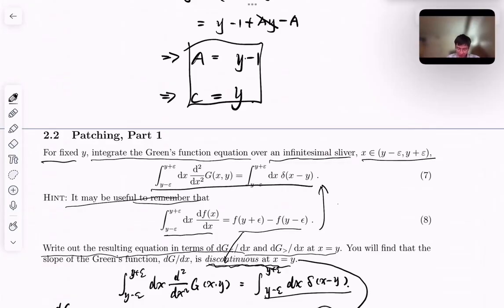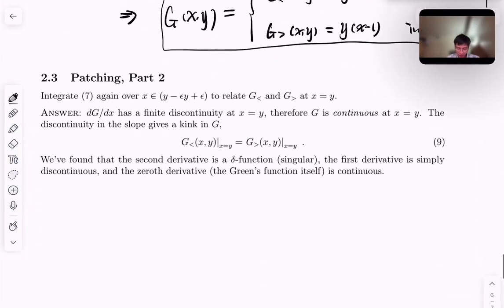This is the second derivative and the first order integration, and then let's do the second order integration, from y minus epsilon to y plus epsilon of d g(x,y) dx.